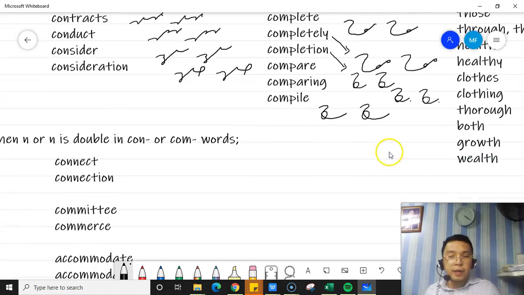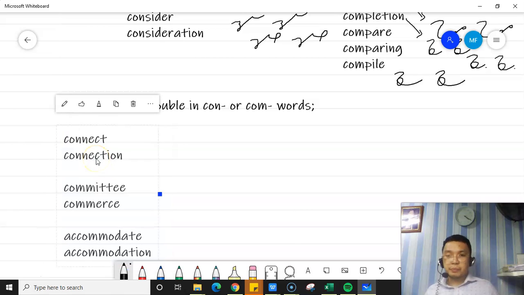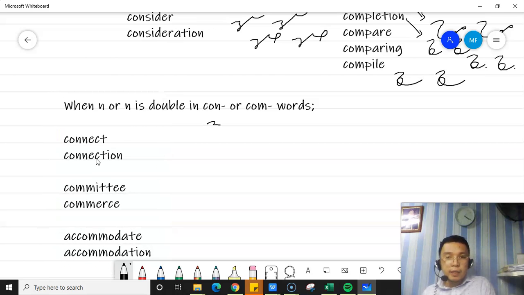Okay, however, class, if you are going to see a double N or M in the words, you have to write it as KN and then KM. If you will be seeing two N and M symbol.